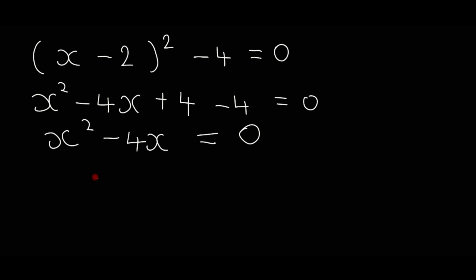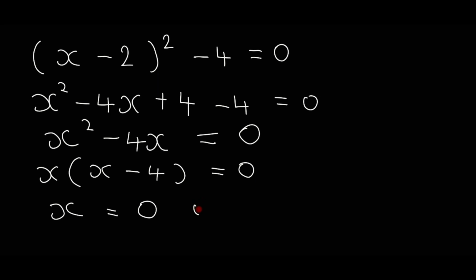Now you notice that this problem is like the previous examples: when we have two terms, we have a common factor, so we take x as a common factor and remain with x - 4, equal to 0. From there I can say x = 0 or x - 4 = 0.